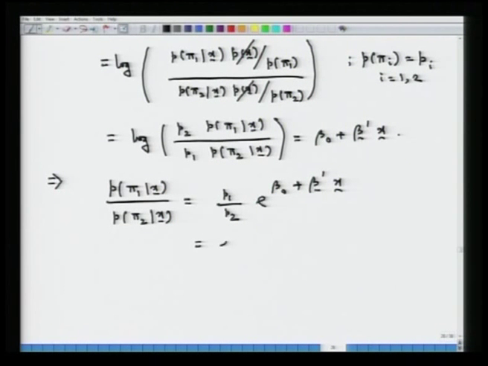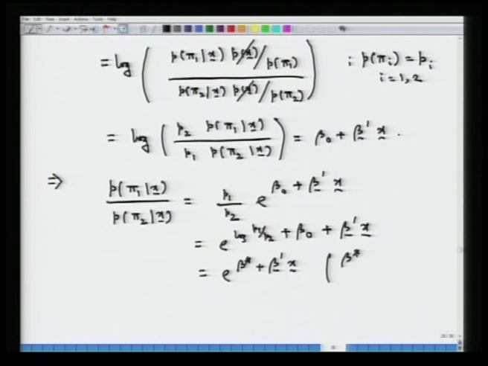Let us write this in the form of e to the power of the log of p 1 by p 2 plus beta naught plus beta prime x, and further as e to the power of a constant beta star plus beta prime x, wherein we have used the fact that we denote beta star as beta naught plus the log of p 1 by p 2.